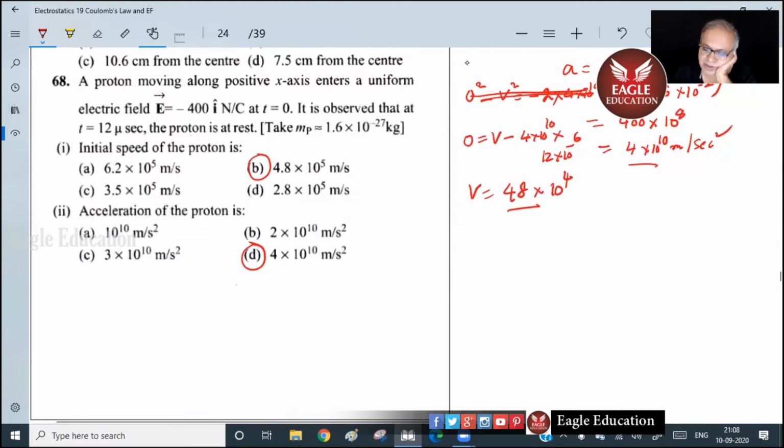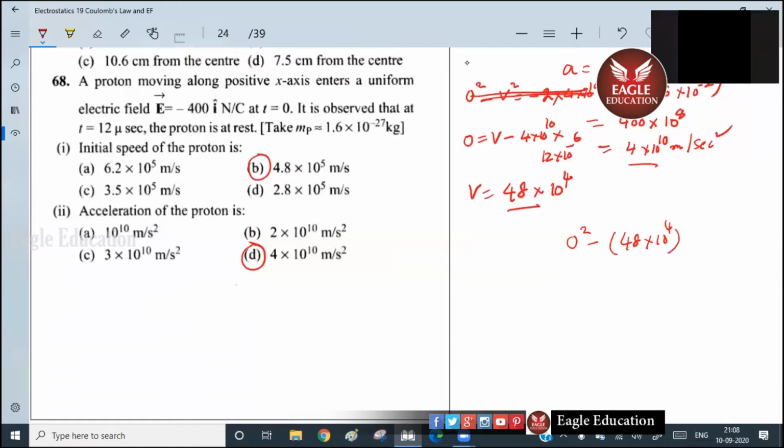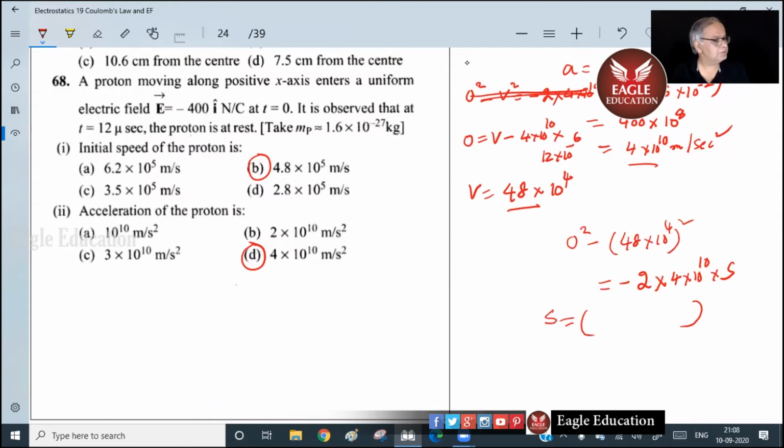So 0 squared minus initial speed squared, which is 48 into 10 to the power 4, the whole squared, equals 2 into a, 4 into 10 to the power 10, into S. So you will get S, the distance. And see whether the answer is there or not.